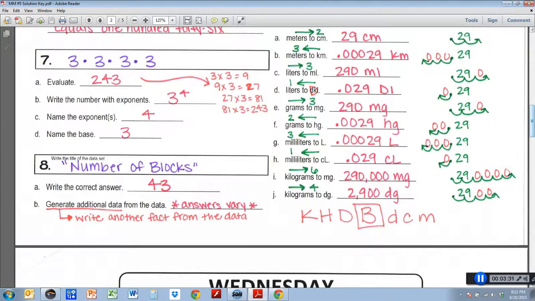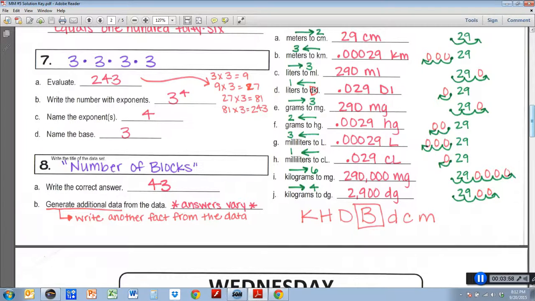So since I see four 3s, my exponent is 4. When we name the exponent, that just means that we're writing down what the exponent is. It's to the 4th power. The exponent is 4. And our base number is just the number that we're multiplying. So we're multiplying the 3. So our base is 3.